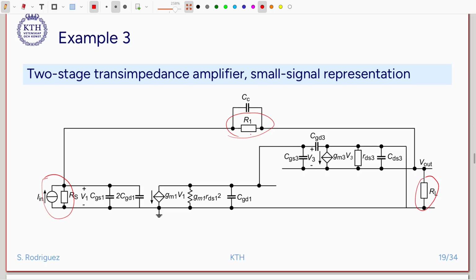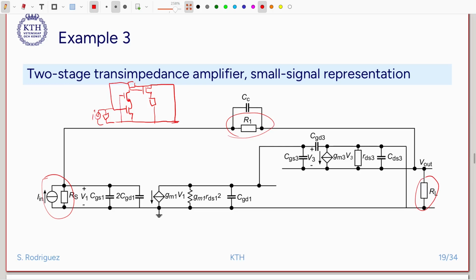So basically, we will have a cascode stage at the beginning, a common drain, and connected to a feedback, and then we have our source here, and it will be like this.